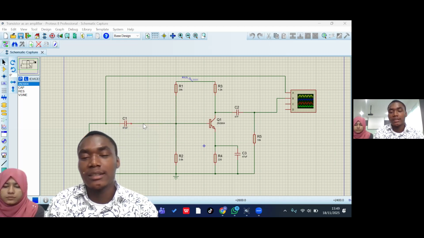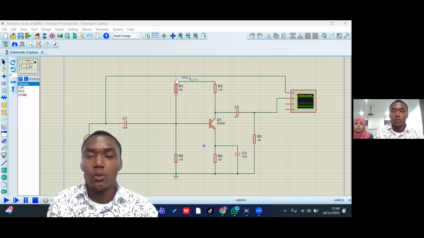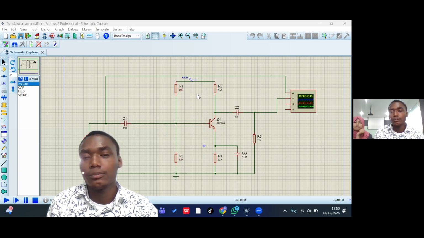So that signal will be supplied to this transistor. But before that, we have two resistors, which are voltage divider resistors, R1 and R2.